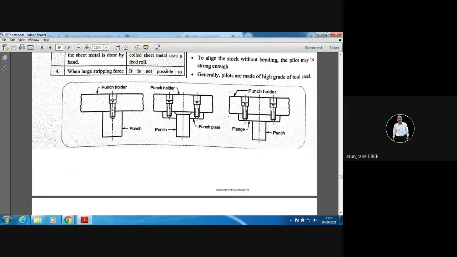Whereas in this case, the punch is provided with a flange, and then this flange is bolted to the punch holder by this Allen cap screw. This is the difference. So obviously this kind of arrangement is used for bigger punches, whereas this is for the medium punches, and this is for the smaller punches. So these are the ways of fixing the punches.